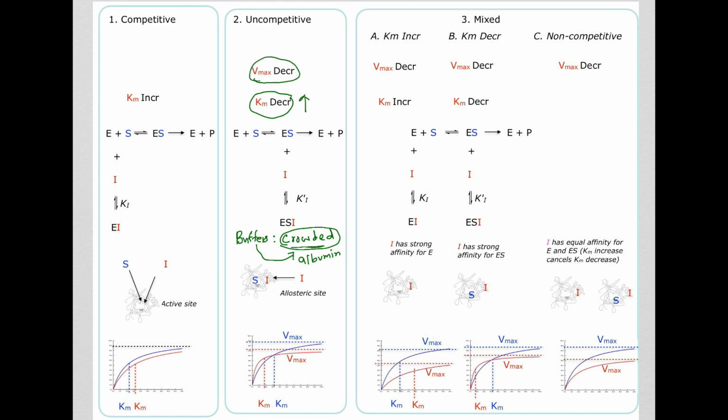So basically the uncompetitive inhibitor in this case is acting more like an activator.